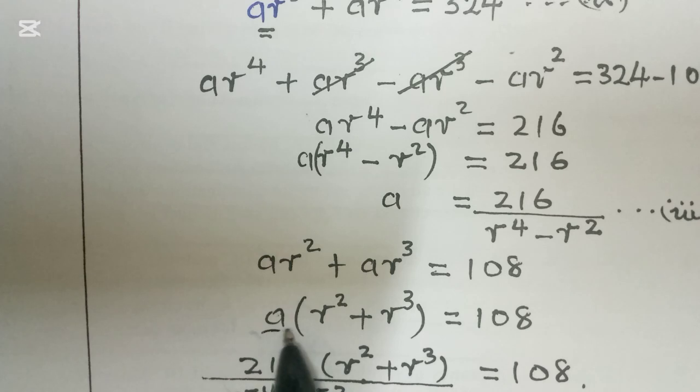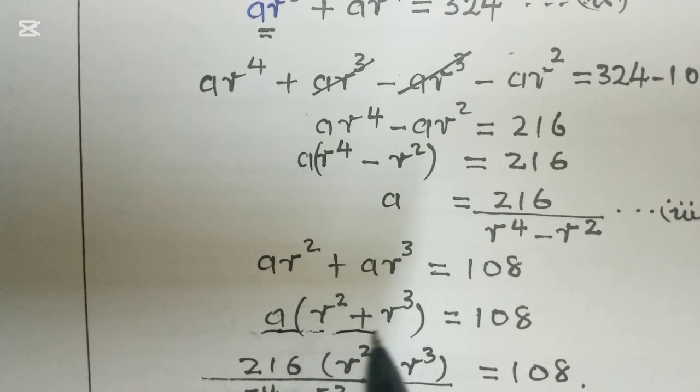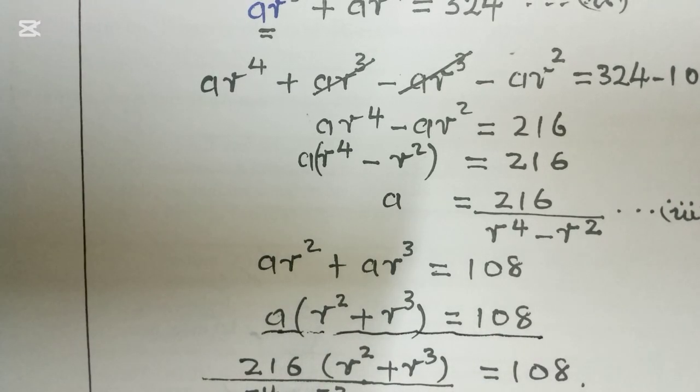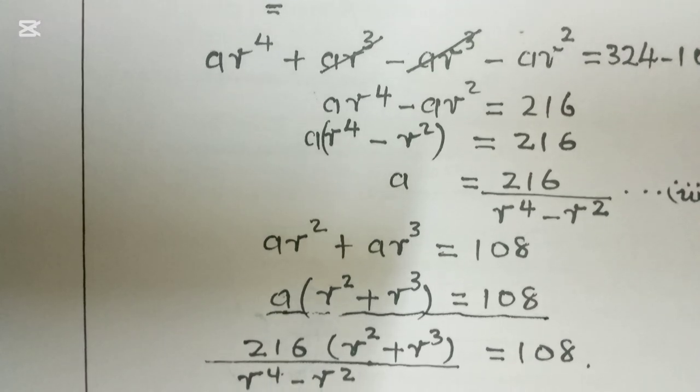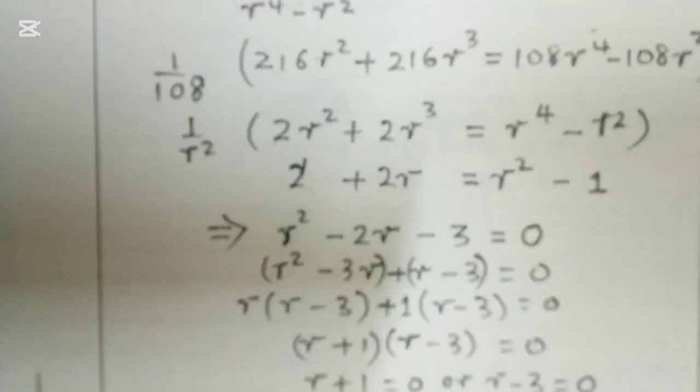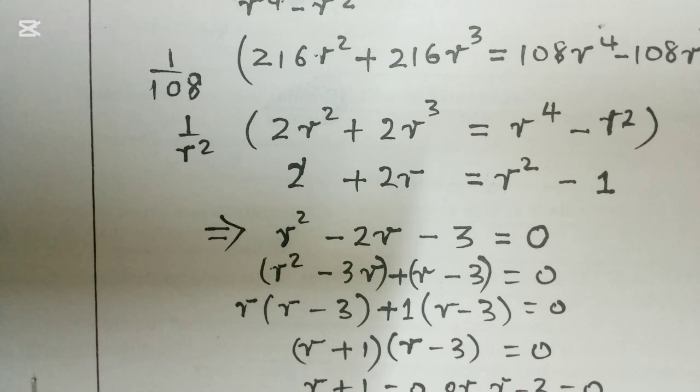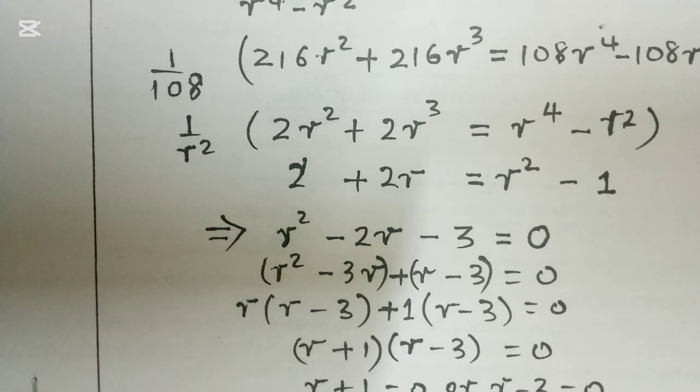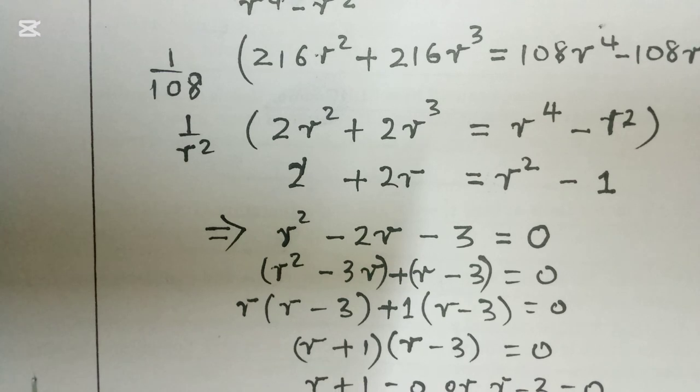We put our r and find out what we are going to find for a. So that we are going to have a, like that. For r squared, we put 9, plus r cubed, which is 27.